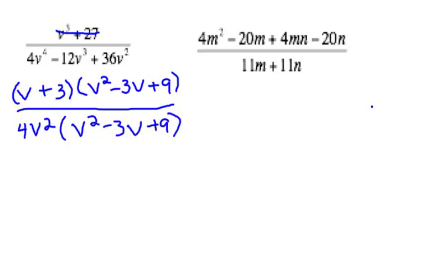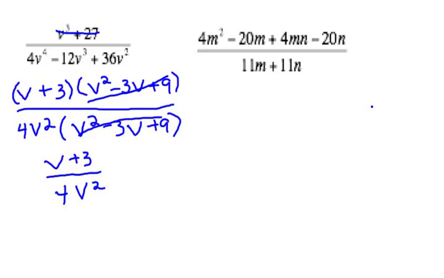There is nothing that multiplies to 9 and adds to negative 3. But as you can see from looking at my numerator, it did give me a common factor in both the numerator and denominator. These are the same. That divided by that is 1, so they divide out, and that becomes v plus 3 divided by 4v squared. And that's my final factored form because there is no longer anything that will divide out.